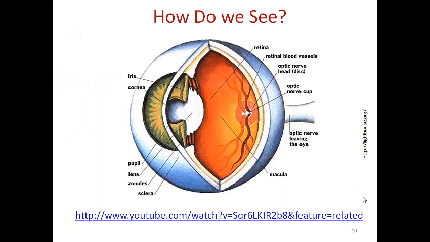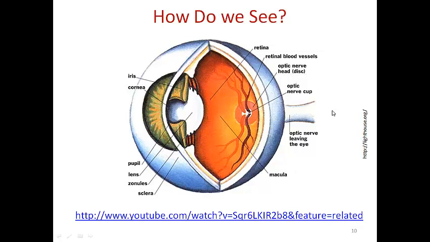So how do we see? The anatomy and physiology of the eye are very complex. We can see in this diagram that there is not just one thing, but several things involved. The visual image, whatever we are seeing, becomes an electric impulse, and it's passed through the optic nerve to the visual center of the brain, right?